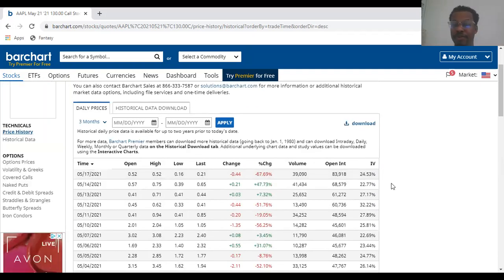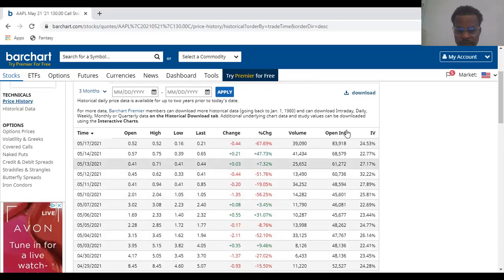So it went up in a few months. About 82,000 contracts were opened in the last few months. So there is a lot of interest in this. So that's something to keep in mind, the open interest.